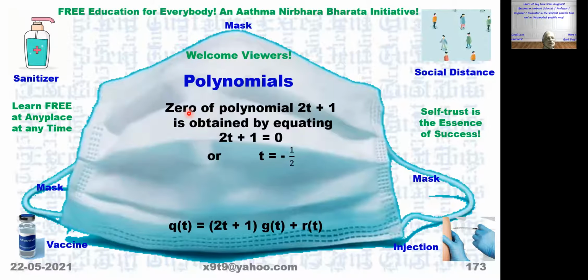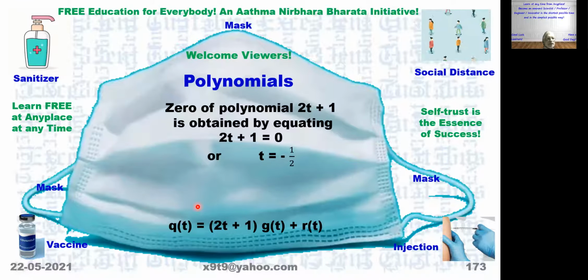So the zero of the polynomial 2t plus 1 is obtained by equating 2t plus 1 equal to 0, or t is equal to, this 1 will come this side and the 2 will come to the denominator. There will be a minus sign. So t is equal to minus half.